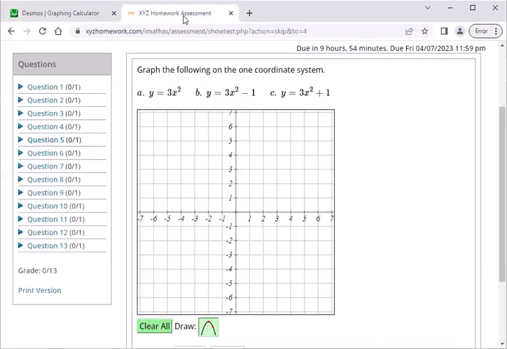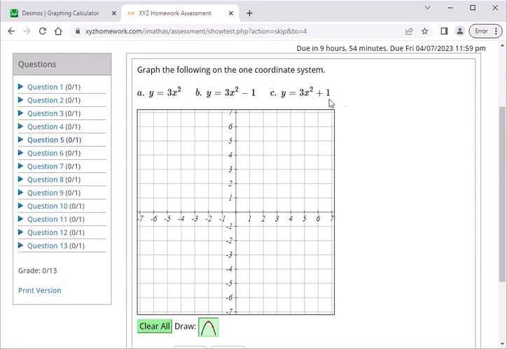So let's go through some examples on your homework because it's easier to see if you just do it on your homework. Actually, let's do part C. This is question 5, and on part C, we're asked to graph 3x squared plus 1 is equal to y. In this equation, is there any shift from left to right?